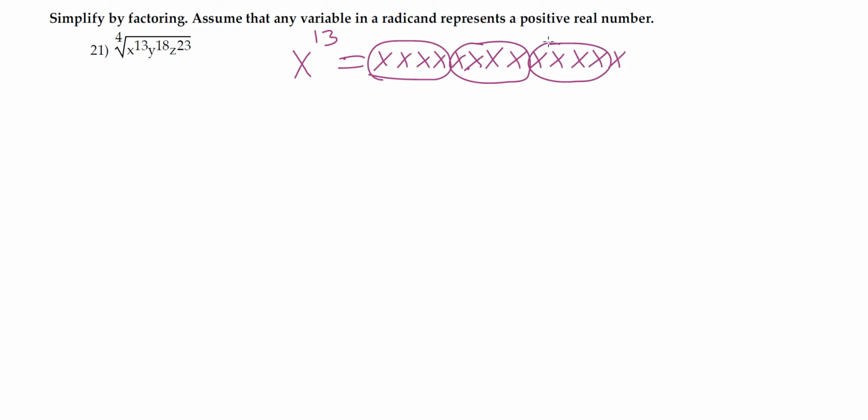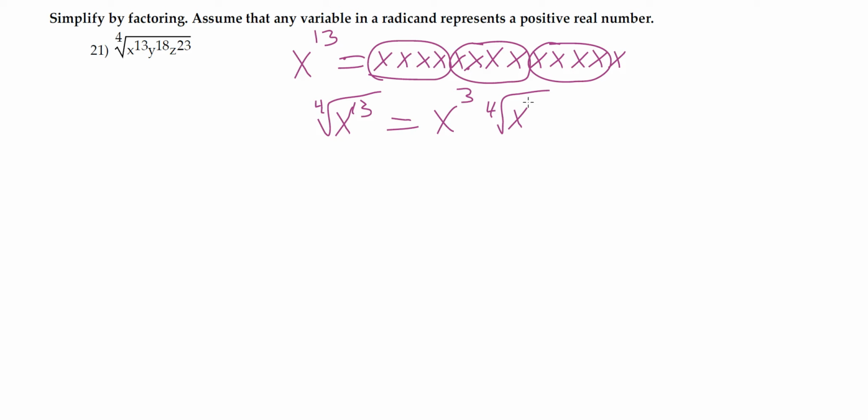I found 3 groups of 4. So the fourth root of x to the 13, we can bring out 3 unique x's, but there's this one left over. So that would be how we could reduce x to the 13th using brute force, looking for groups of 4.